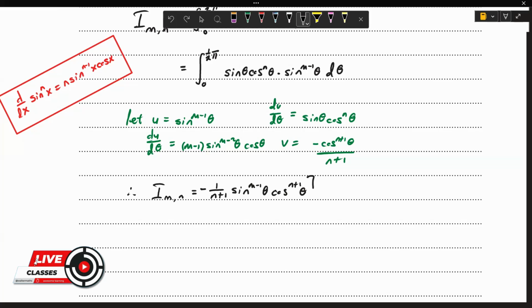And we do have limits, right? So I'll have limits here, 0 to a half pi. And that's going to be minus the product of u and v. So the product of these two, right?